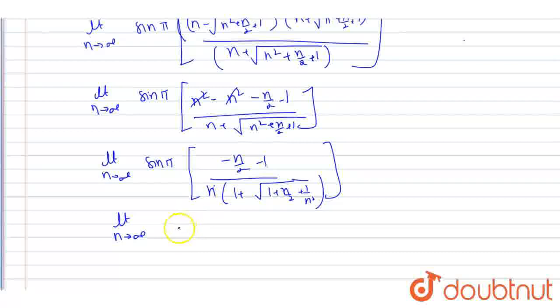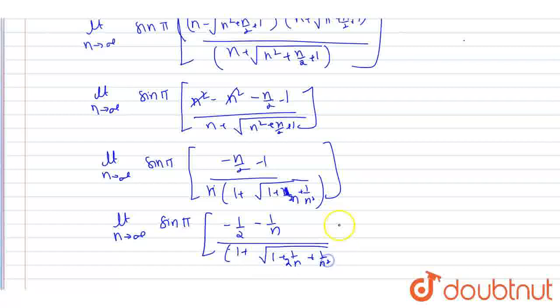We can cancel this, and so we will have sin pi times minus 1 by 2 minus 1 by n upon 1 plus under root 1 plus 1 by 2n plus 1 by n square.